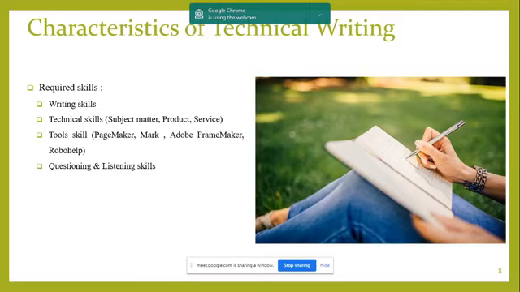And one more thing is questioning and listening. I need to mention one more skill also, reading. So, questioning, obviously, before selecting a research question, you should ask so many questions, like whether my research is appropriate.